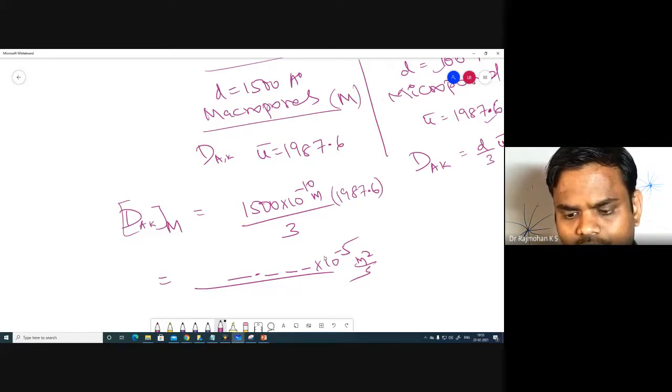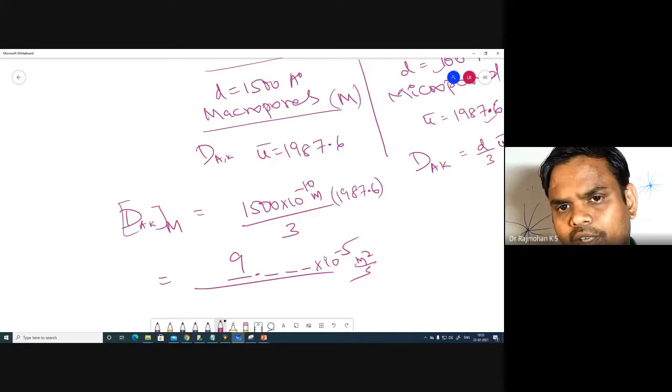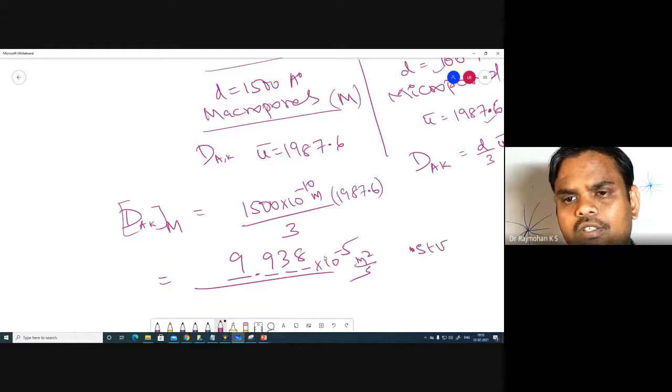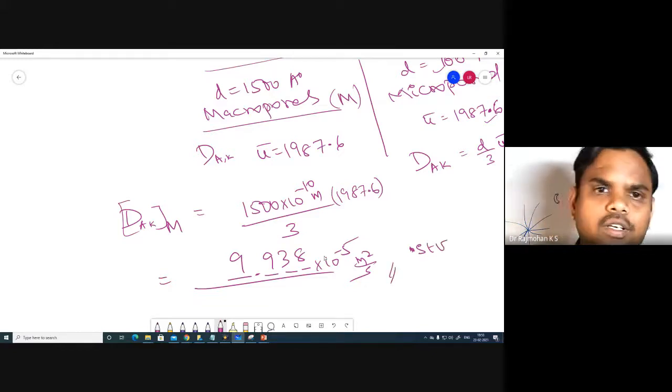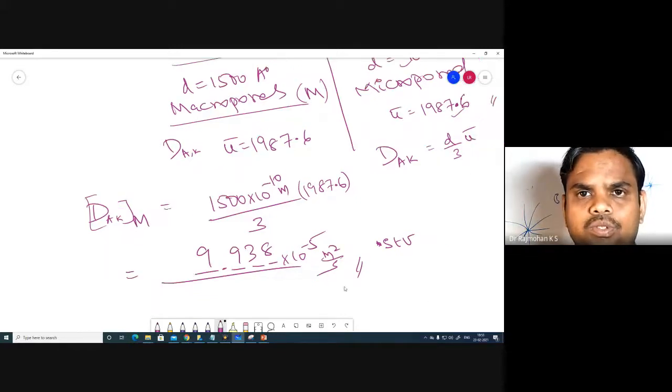So 9.938 into 10 power minus 5. Please comment your answers also. This is subject to verification by the learners. Okay, so we have DAK for macropores.